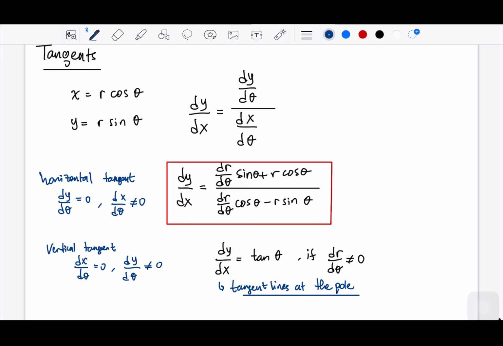So one possible question from the tangent, perhaps first is finding the derivative, or maybe the second derivative, and also finding the horizontal tangent, vertical tangent.